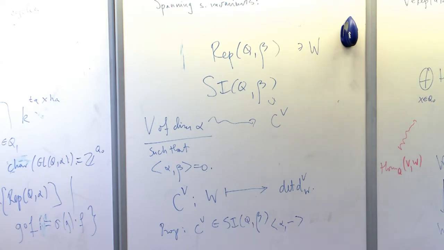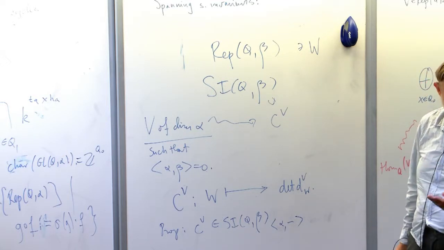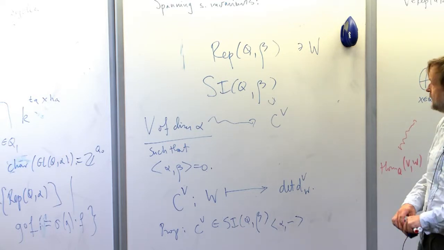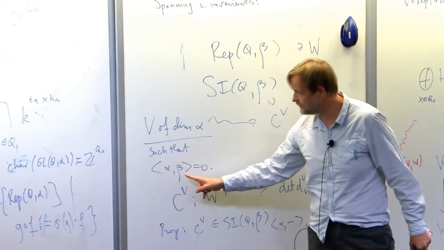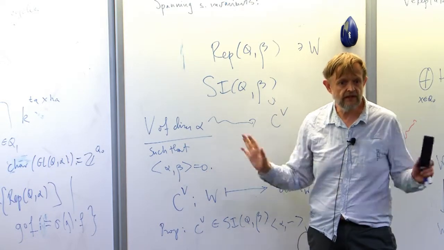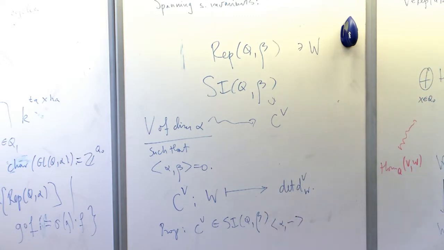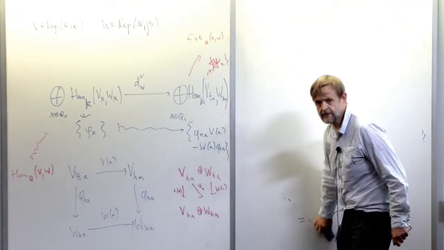When I state the theorem that this spans all the semi-invariants, it will mean that for all weights which are not of the form alpha slash, where alpha is a non-negative vector, clearly there will be no semi-invariants.